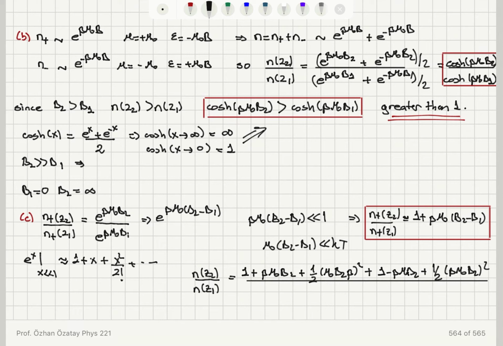This is for the top, and for the bottom I have 1 plus beta mu 0 b1 plus 1 over 2 beta mu 0 b1 squared plus 1 minus beta mu 0 b1 plus 1 over 2 beta mu 0 b1 squared. So you can see that the beta mu 0 b2 terms will cancel and the beta mu 0 b1 terms will cancel, and I will be left with the following answer.